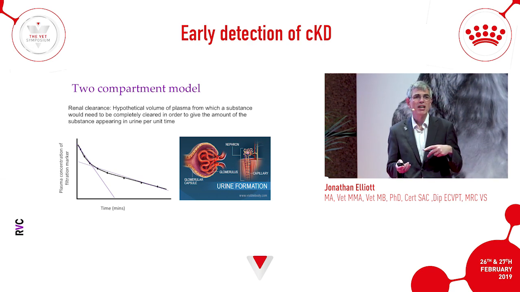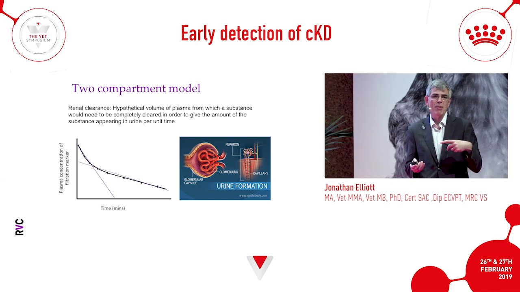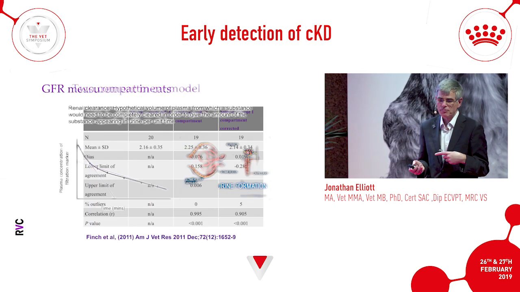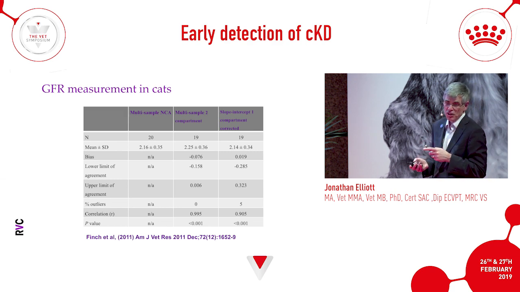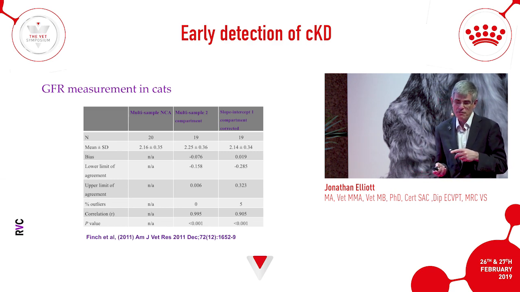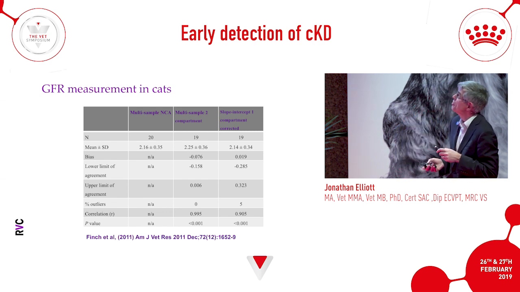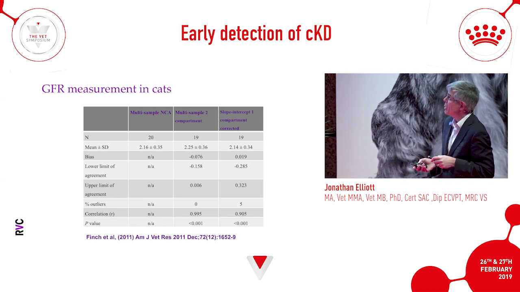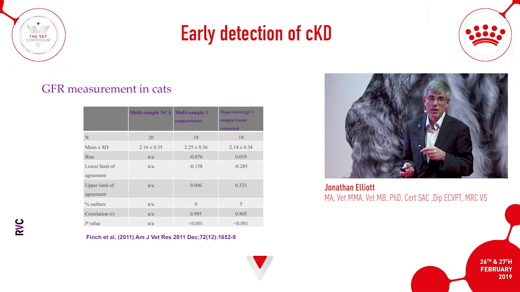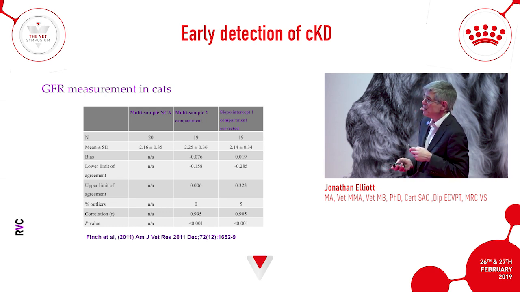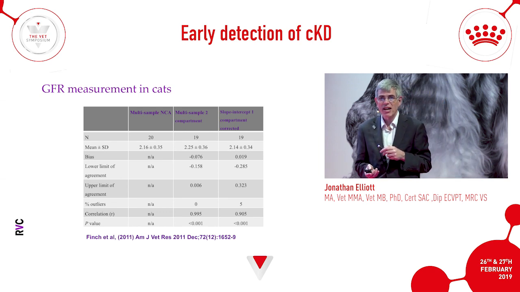So there needs to be a slope-corrected method for calculating glomerular filtration rate. And that's what Natalie Finch did with us, was to derive a glomerular filtration rate based on doing this study with multiple samples and doing the classical measuring the area under the curve, but then doing a multi-compartment analysis and a slope-intercept analysis correcting for that missing area.